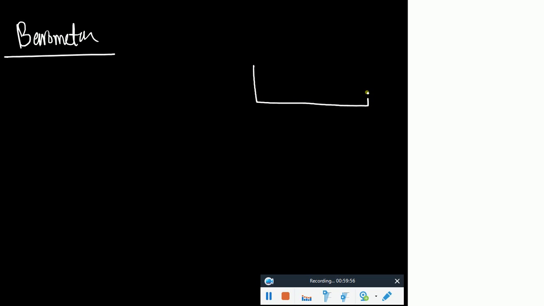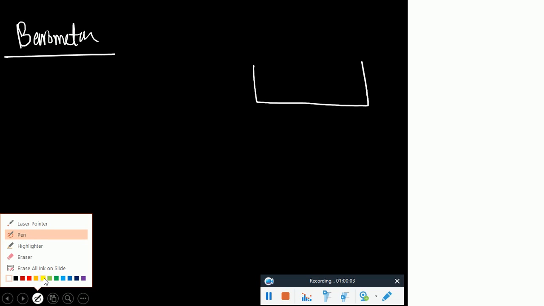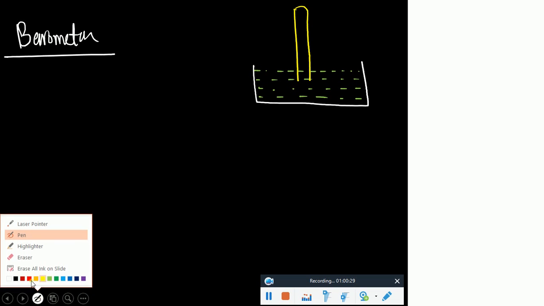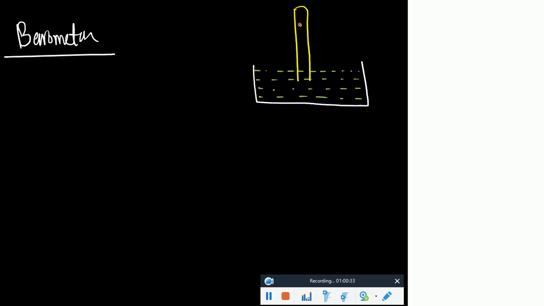Similarly, you can talk about barometer. You have a column over there, a small tube, and then you say that there is some kind of mercury or other objects within that.